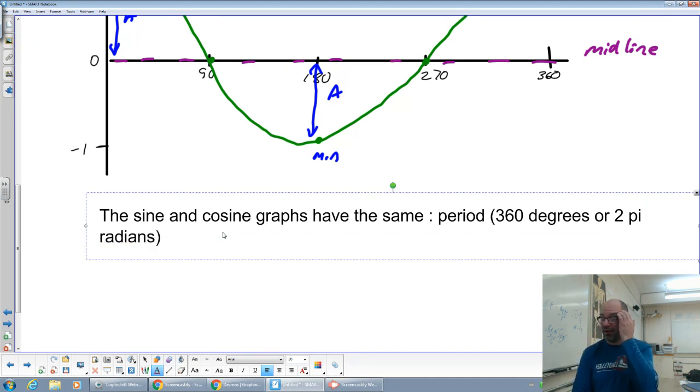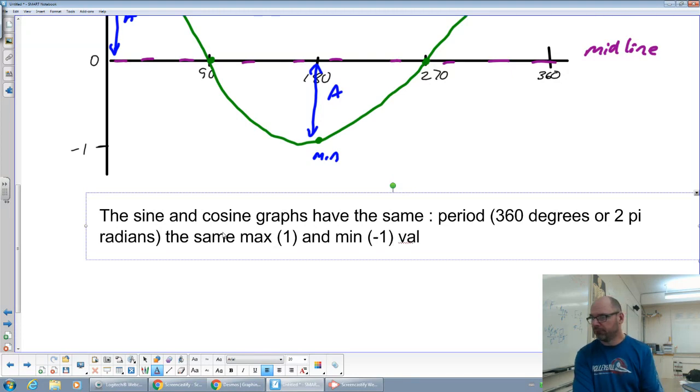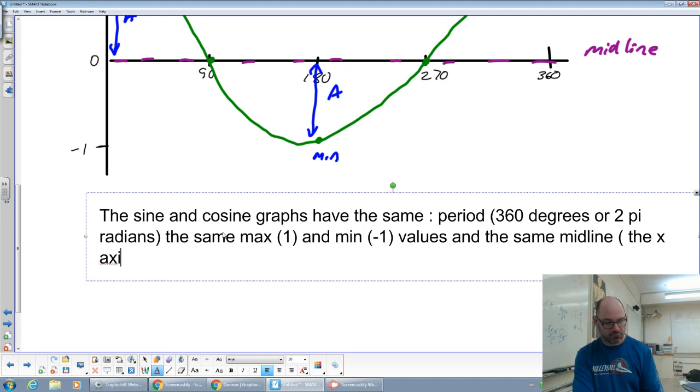So they have the same period, they have the same max, which is 1, and min, which is -1, values, and the same midline, in our case the x-axis. Okay, so that's all the same about them. The amplitude is the same as well.